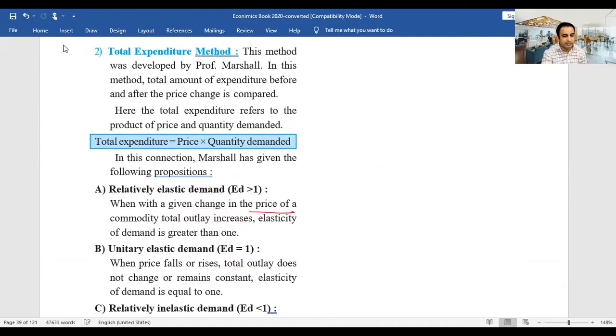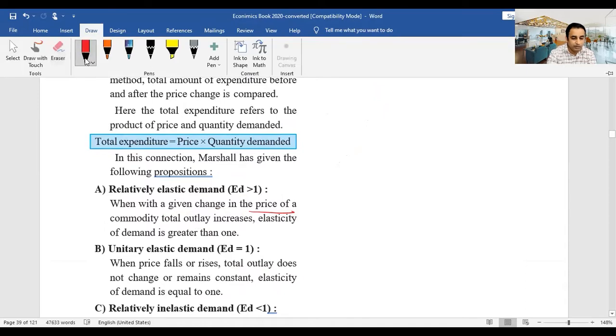So please note that in case of total expenditure method, we have to refer the total expenditure which is obtained by price into quantity first. Secondly, if the total expenditure remains the same irrespective of change in price, then unitary elastic demand will prevail. So elasticity of demand will be 1.